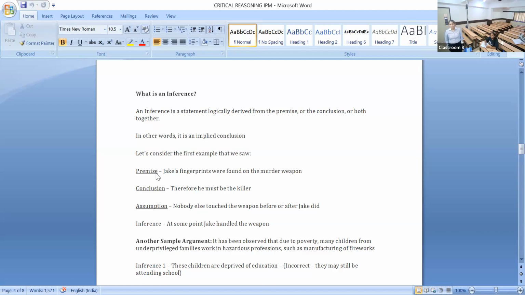And conclusion is the result. The premise is the fact, right? And assumptions, we know it. And inference, how would I say the inference? What's an inference? It's an implied.